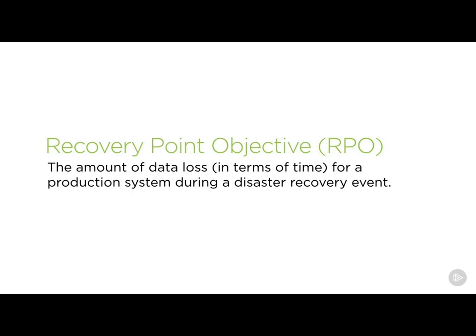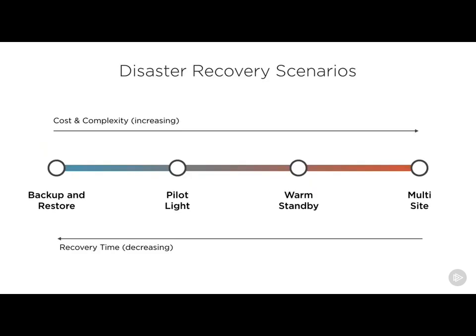That means that we might lose data for an hour when we have one of these significant disaster recovery events. But by the end of the hour, we are back to receiving full production data. And so this is defined in terms of time. And it's important to remember that recovery point objective is all about data, whereas recovery time objective is all about time.